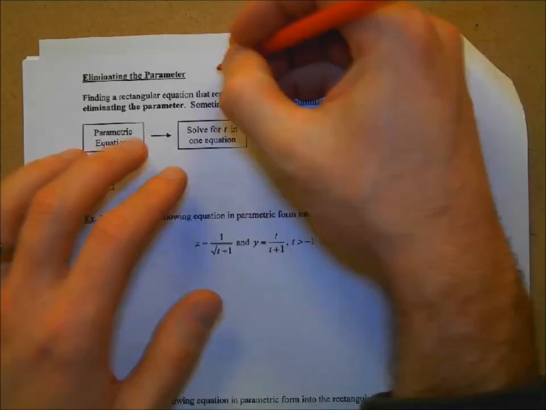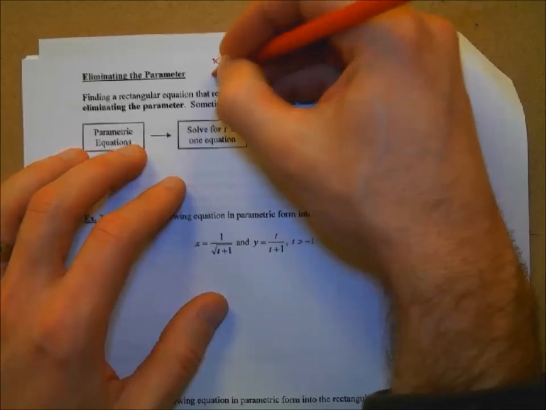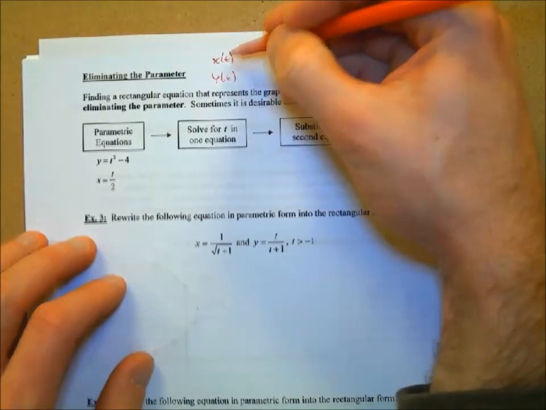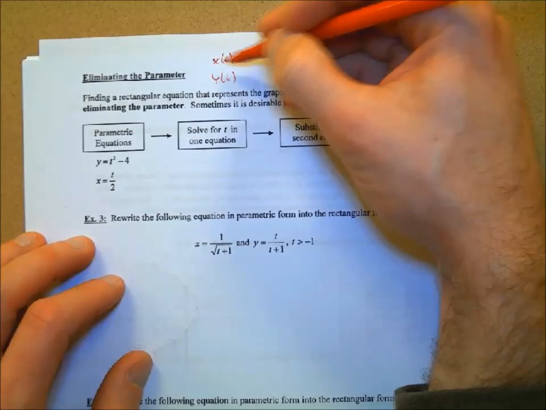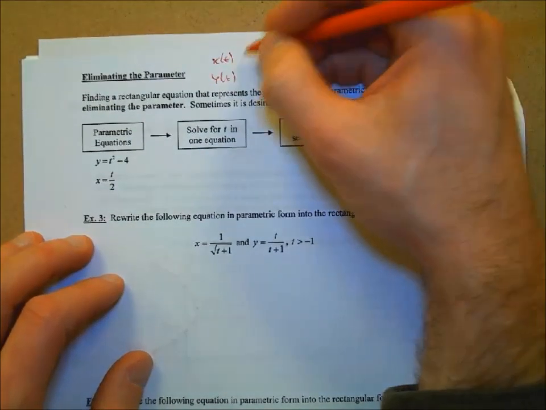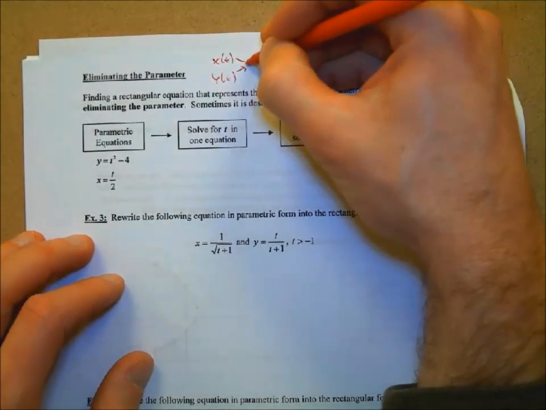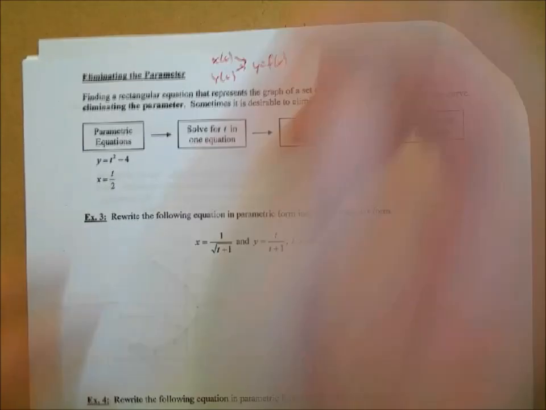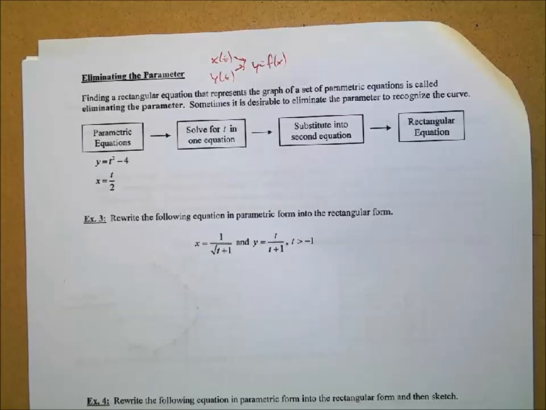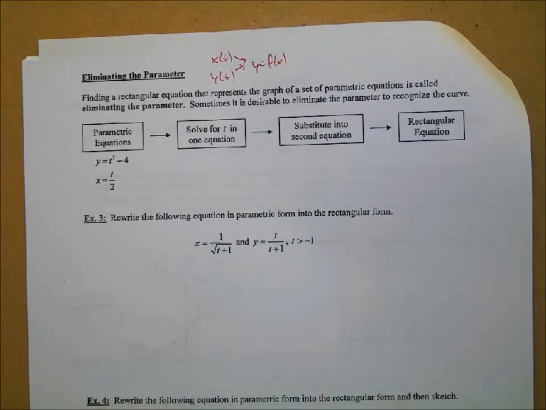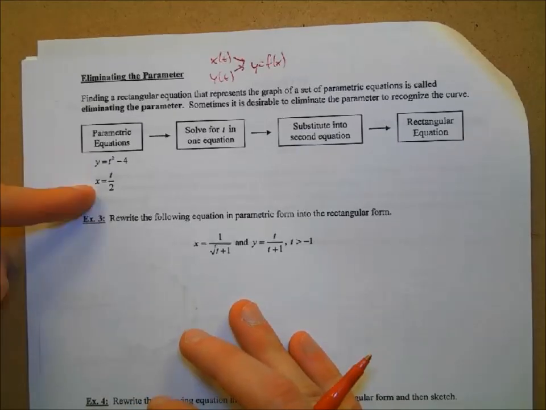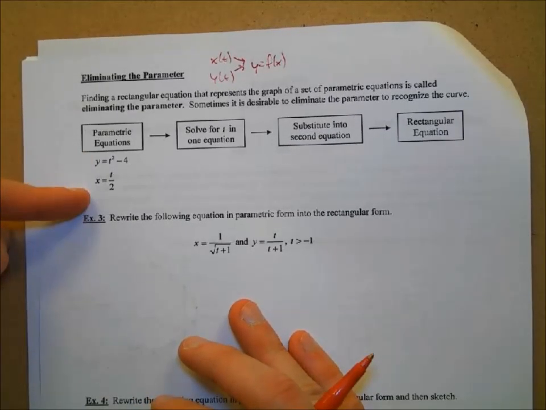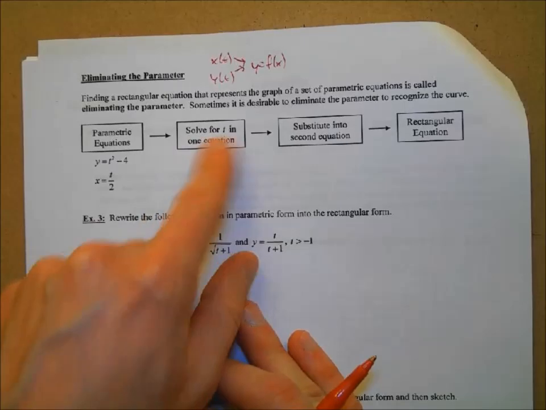The goal here is to take these two functions, x that depends on t and y that depends on t, put them together and create y equals f of x, relating y and x. Eliminate that parameter. Here's our set of parametric equations. The goal is to solve for t in one equation.